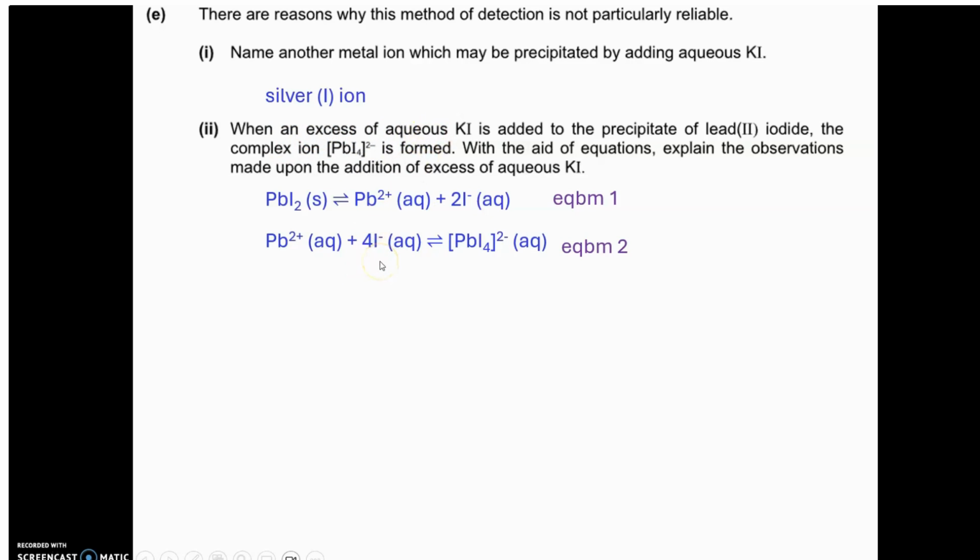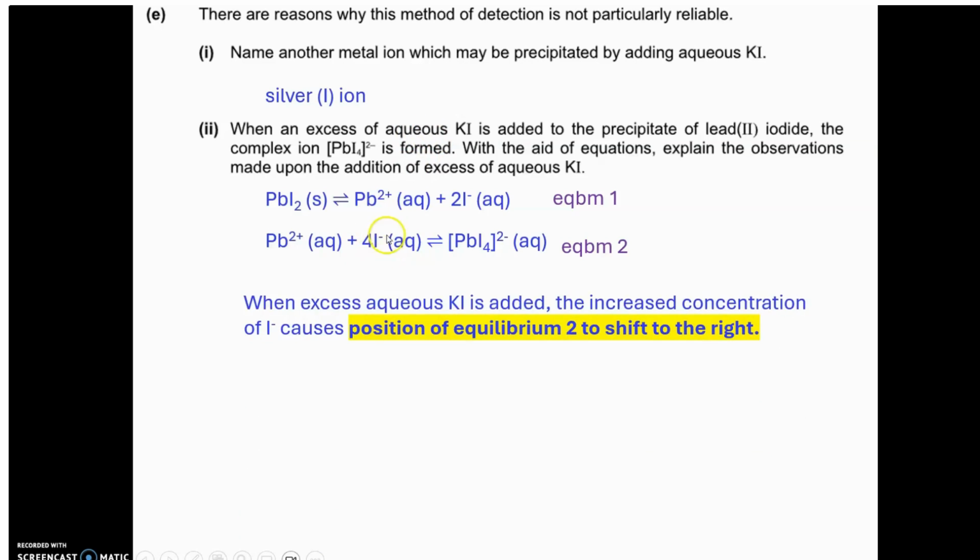So when we add excess aqueous KI, there is a much higher concentration of iodide ions, and this causes the position of equilibrium 2 to shift to the right to counteract the increase in concentration of iodide ions to form more of the complex ion.